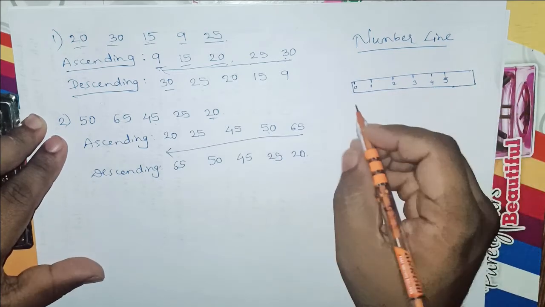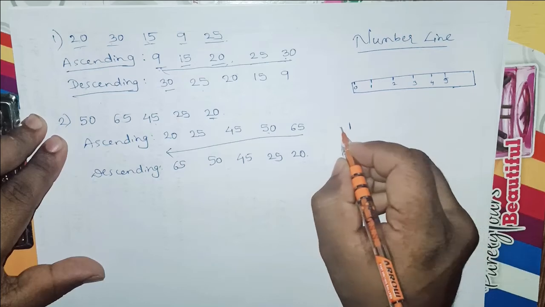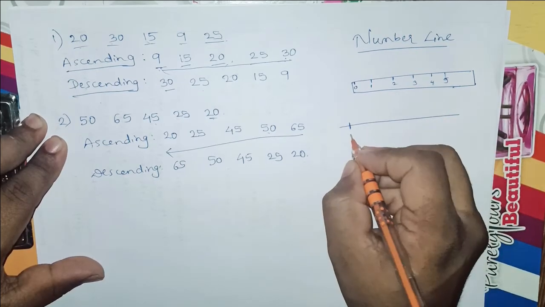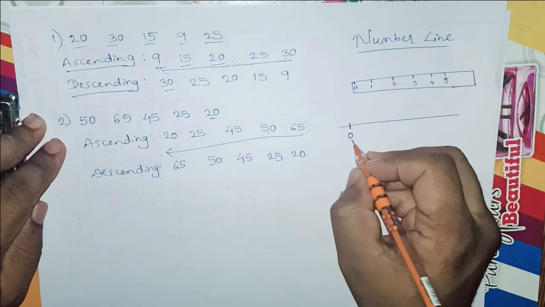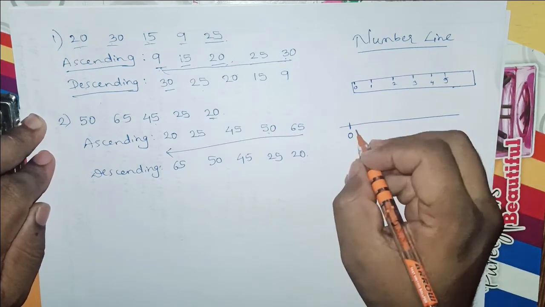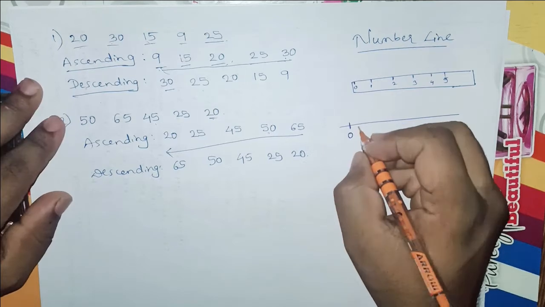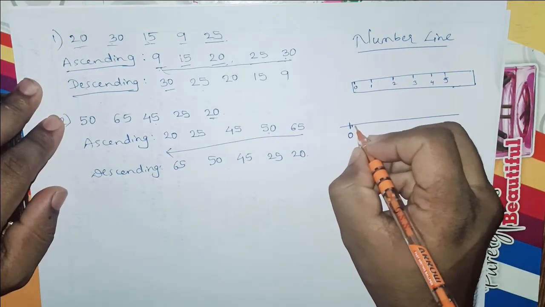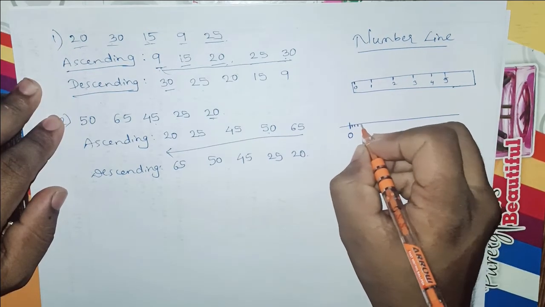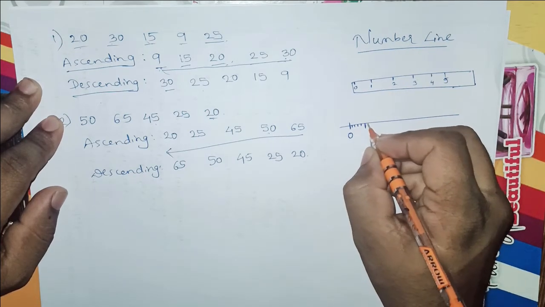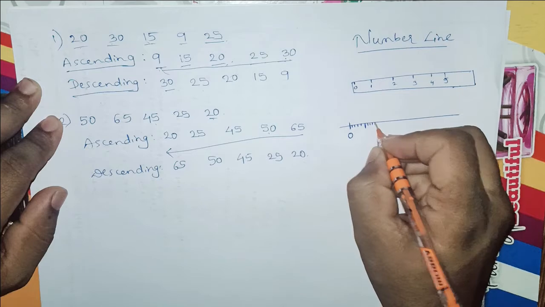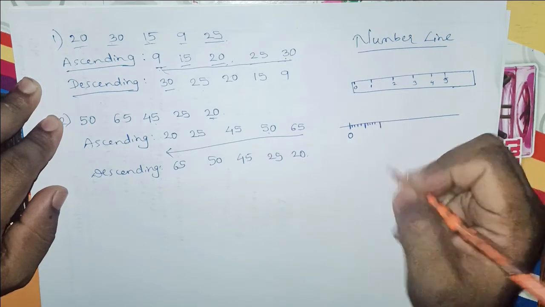If you consider a line, at certain points we are going to mark the numbers. So 0, after 0, if you see your scale carefully, there will be certain points, 1, 2, 3, 4 and 5 a bit larger, then 6, 7, 8, 9, and the 10th one will be longer.